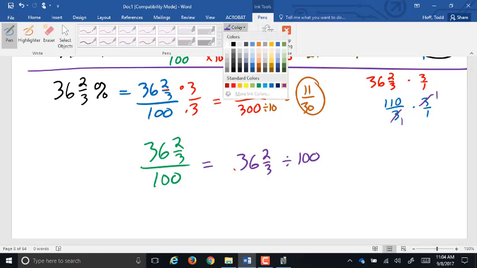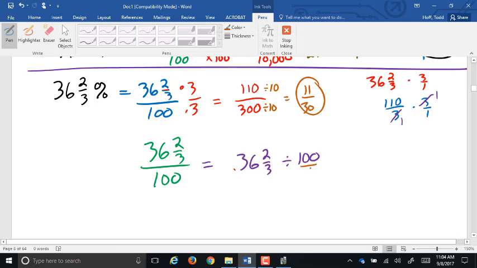So 36 and 2/3, of course, we'll treat this as 100 over 1, right? 36 and 2/3 has to be turned into an improper fraction. We just did that over here. That's 110 over 3. Anybody have any questions on where we got the 110 over 3? It was 36 times the denominator of 3 is 108, plus the numerator of 2.